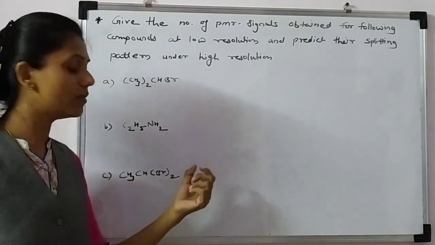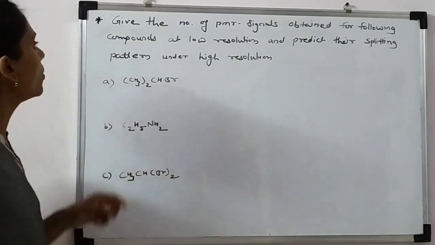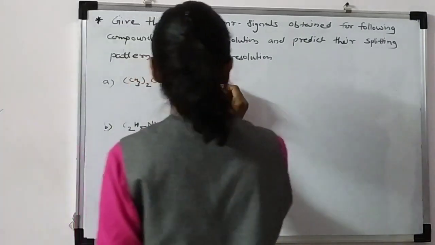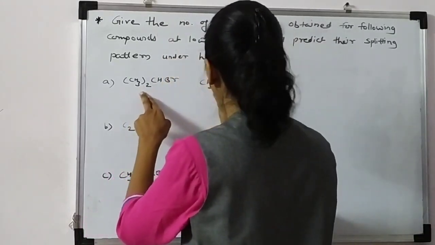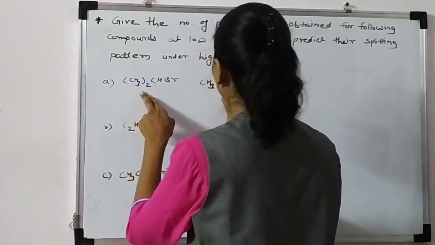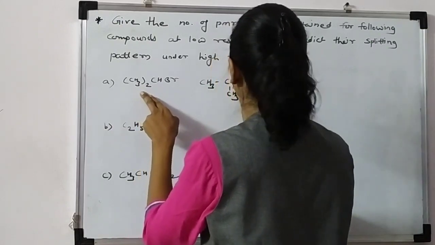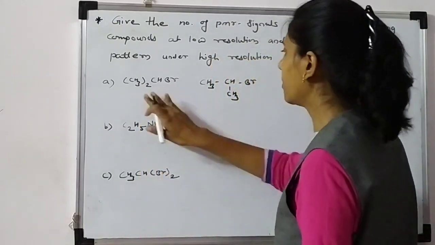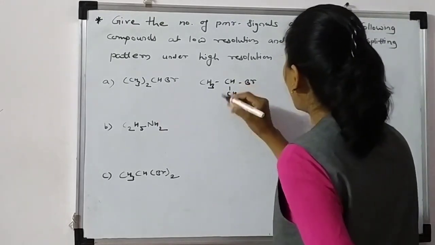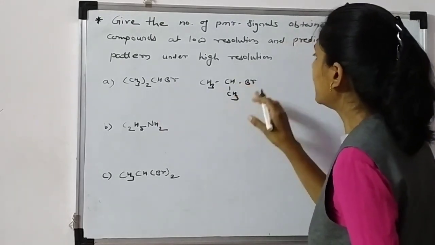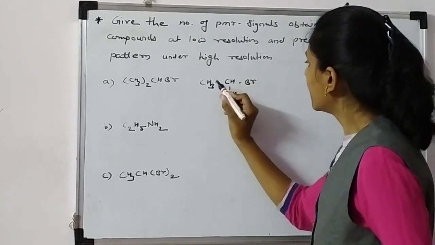So at low resolution, firstly we draw the structure in simple form, CH3CHBrCH3. Both structures are the same. How many signals are obtained for this structure?